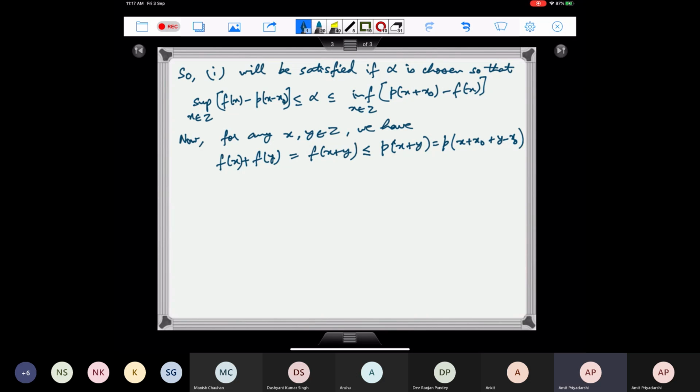And because p is subadditive, this is less than or equal to p of x plus x naught plus p of y minus x naught.